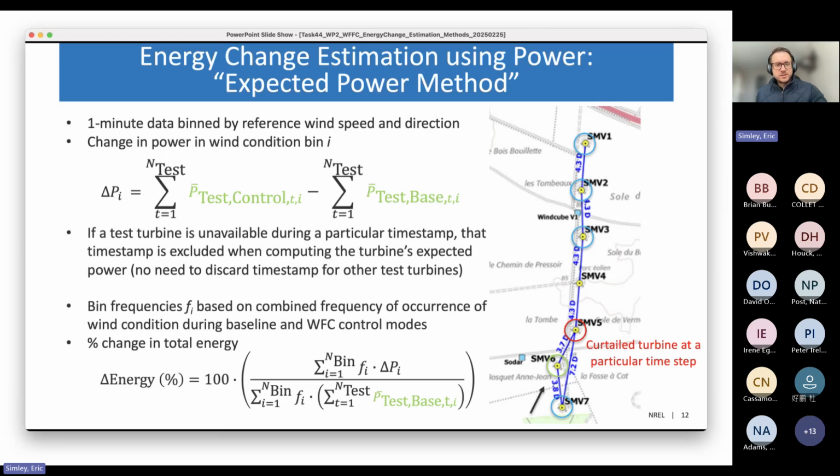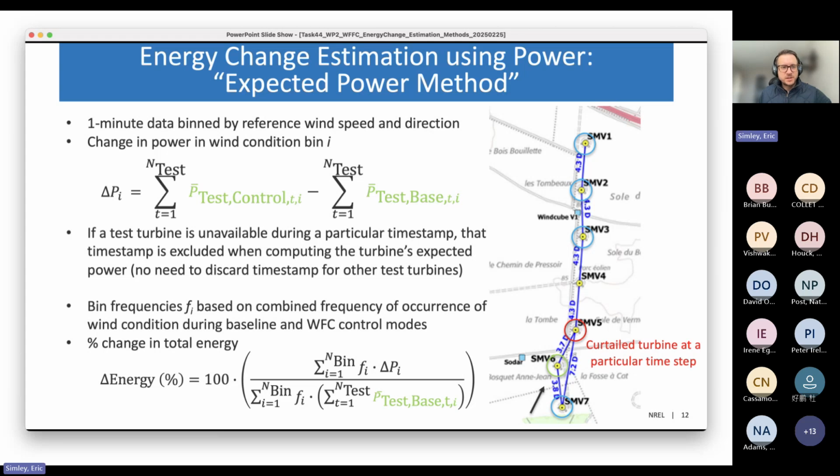We're just assuming that you have a reference wind speed and direction that are provided to the method. And then instead of using reference turbines, instead of normalizing by the reference power, we're just taking the average power of the test turbines in each bin and taking the difference between the wake steering control, wind farm control, and baseline control periods.